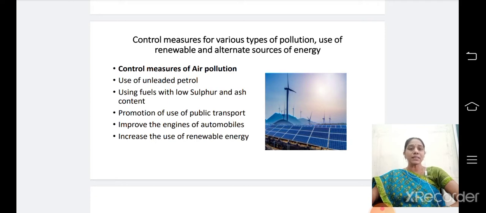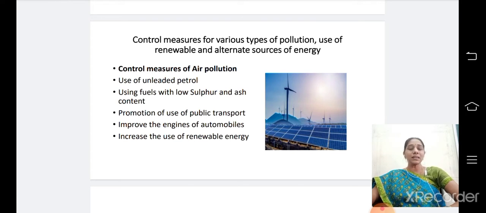By taking some remedies, use of unleaded petrol. Because lead is a heavy metal, you must avoid leaded petrol. Use of unleaded petrol, using fuels with low sulfur and ash content. So we must use fuels with low sulfur and ash content.